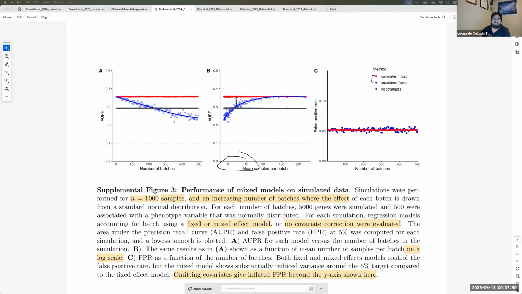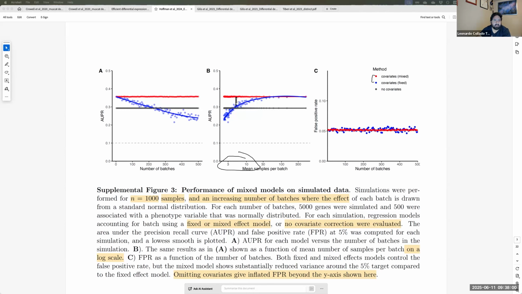This over here is the difference in accuracy, the AUPR on the y-axis, where you want higher values, between modeling things with a mixed model, which is what Dreamlet does, and modeling them with a fixed effect model, which is what limma-voom can do, for example.